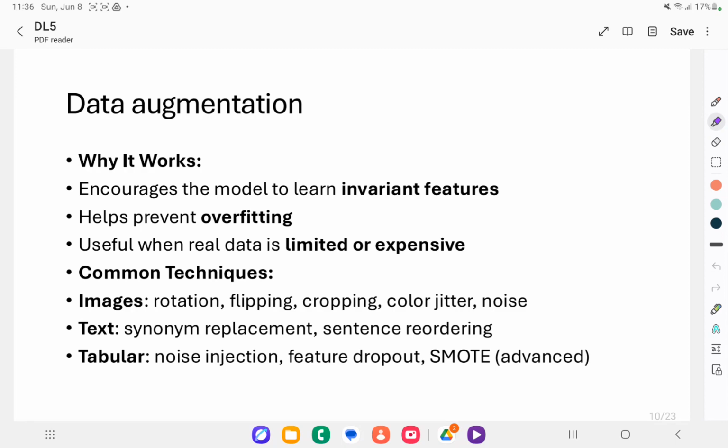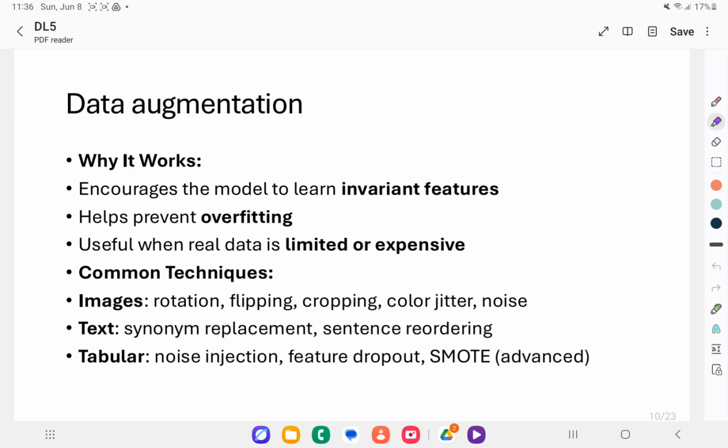Next is data augmentation, which is a clever and widely used technique to help combat overfitting, especially when your data set is small. The idea is to create synthetic training examples by transforming your existing data. Not by collecting more samples, but by generating variations. In image tasks, this might involve rotating or cropping the image, or smoothing. But in tabular data, you could apply things like Gaussian noise to numeric features.